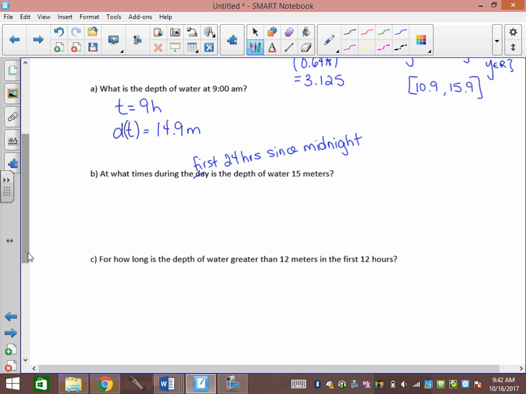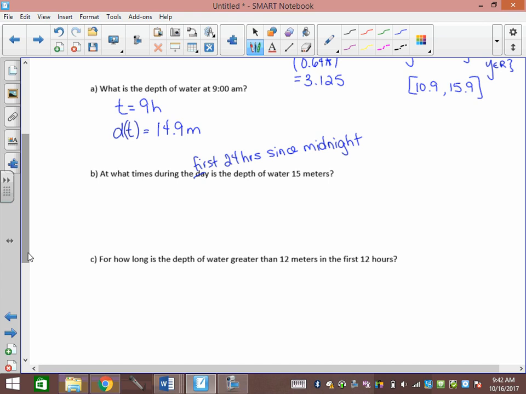A lot of answers. So what could be the best way to ask this question? Instead of saying at what times, because how many times are there? Lots. They could ask you how many times is the depth of water 15 meters in the first 24 hours? And then you'd have to count how many times it crosses to give you that.